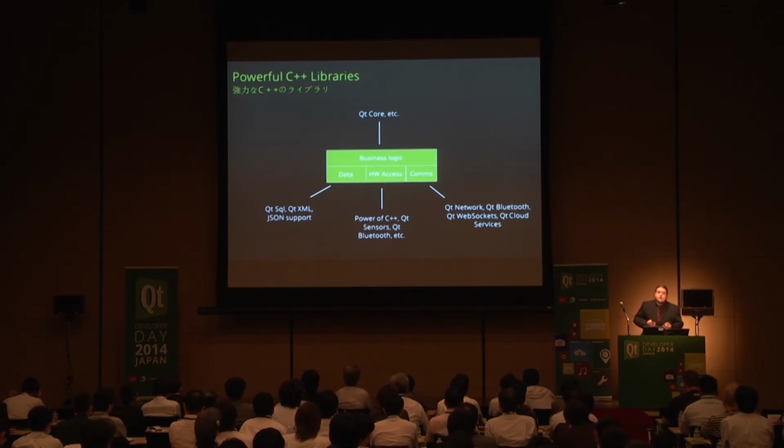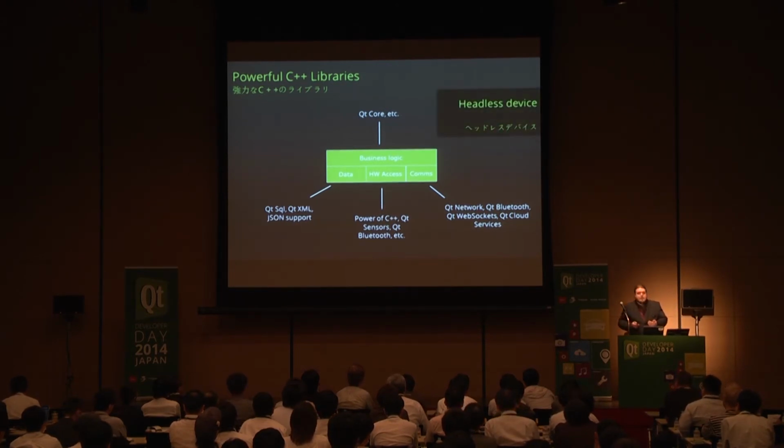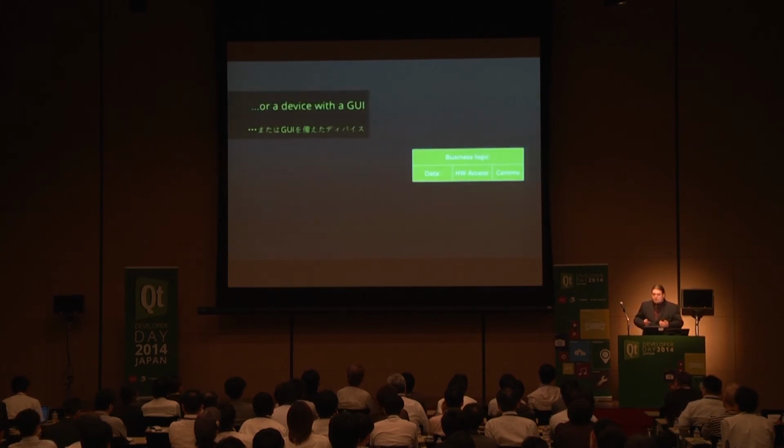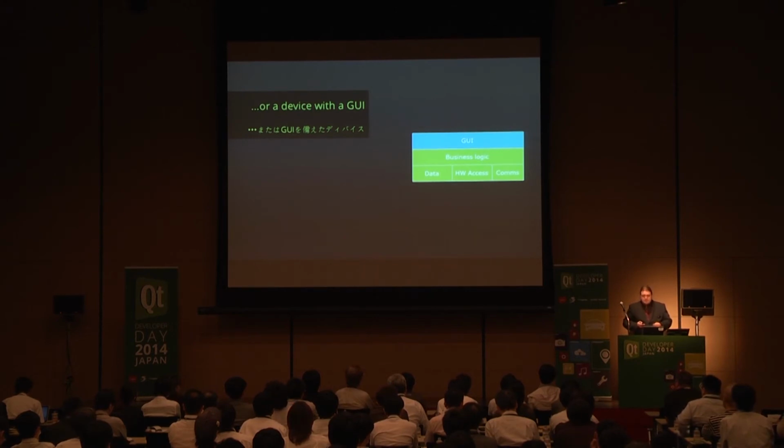With Qt WebSockets, you can do real-time connections between devices or applications. So you can make a full headless device, a device without a GUI, using Qt. But of course, where Qt really shines is when you have a GUI in your device.